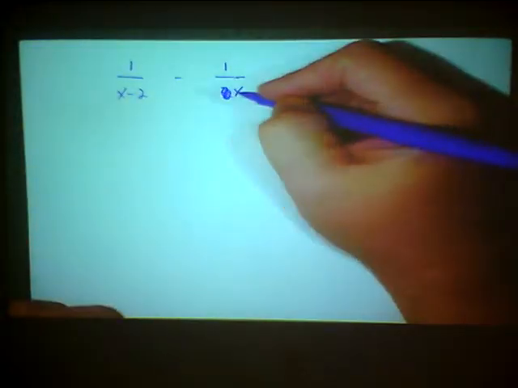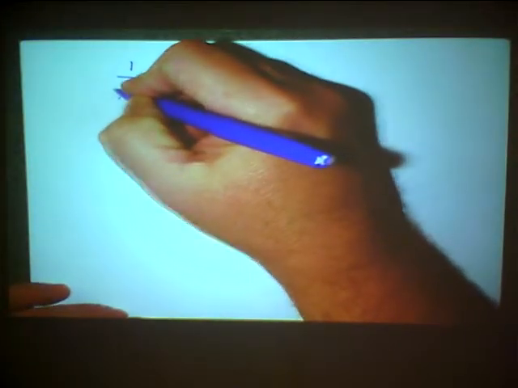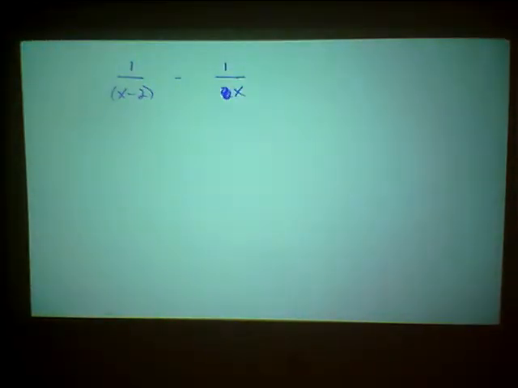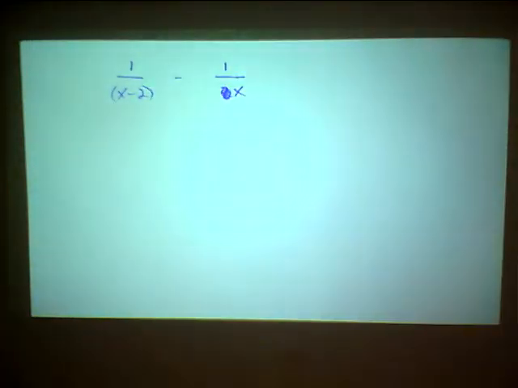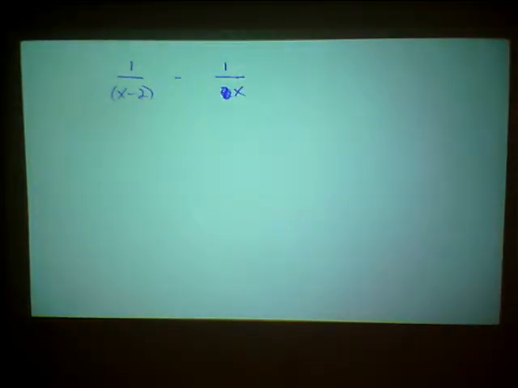First of all, there's nothing to factor. Easiest thing to do here, now there's no coefficients, so now we're just dealing with these variables. And actually, when you have a denominator like this with addition or subtraction, you have to include this whole thing as like a factor. So I put the parentheses there.